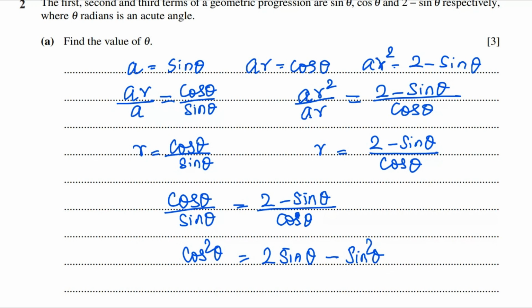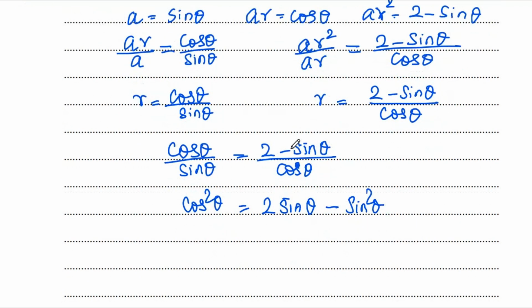Let's bring the sine square theta to the left hand side. So we get cos square theta plus sine square theta equal to 2 sine theta. So cos square theta plus sine square theta is 1.